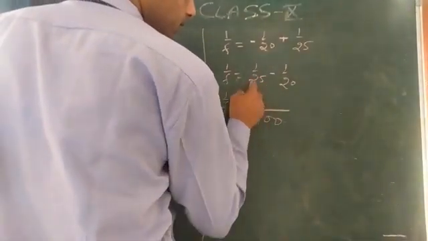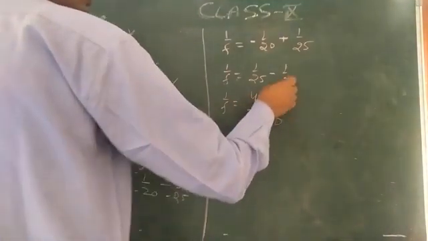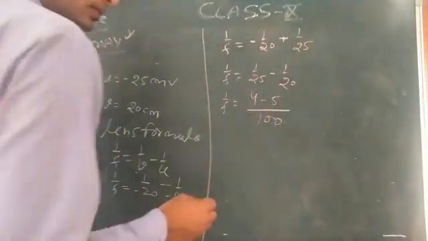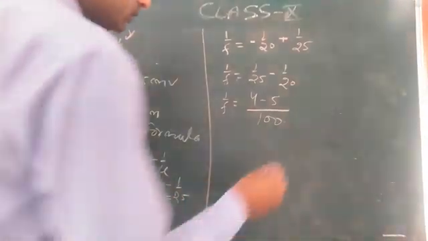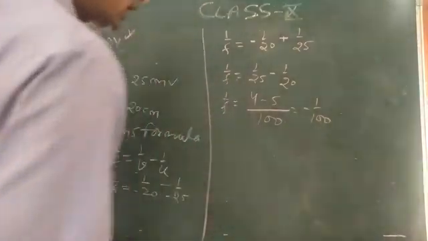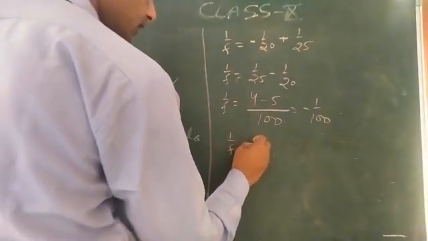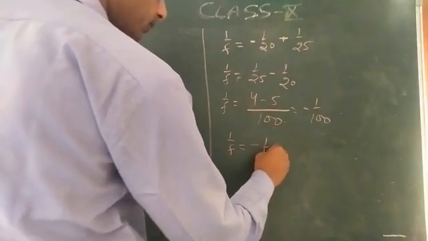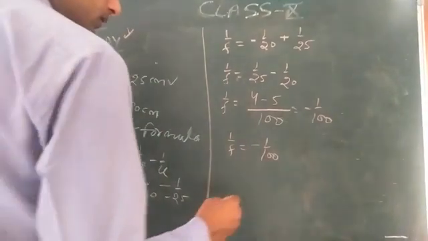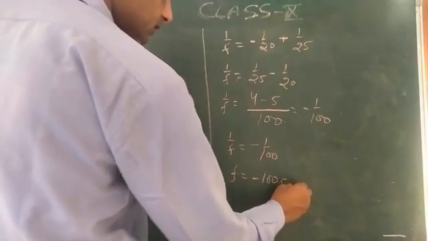When 100 is divided by 25 it is 4, and when 100 is divided by 20, it is 5. So this is minus 1 upon 100. So 1 upon f equal to minus 1 upon 100. So f equal to minus 100 centimeter.